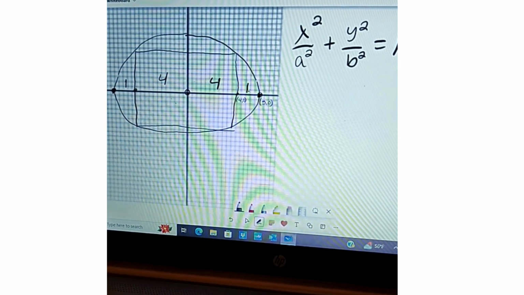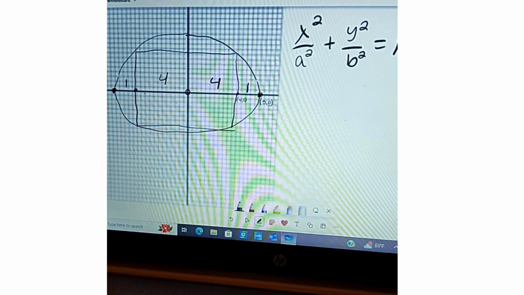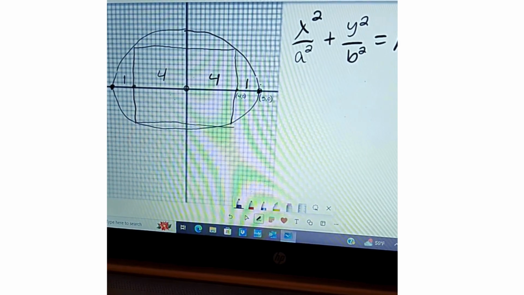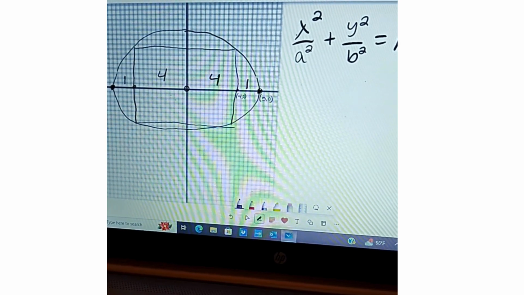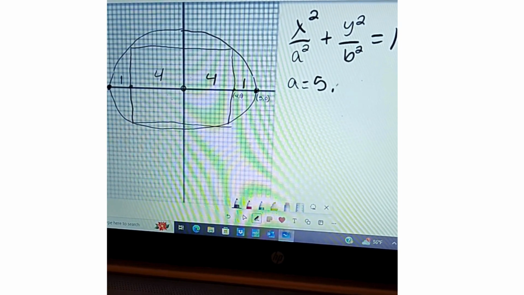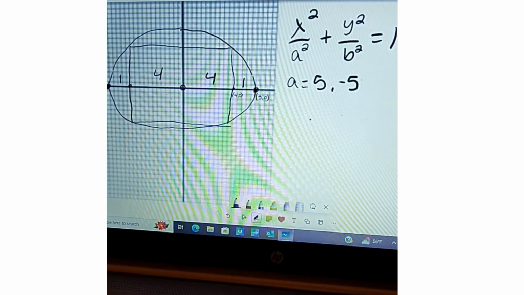So we're missing 2 units: 1 unit on one side and 1 unit on the other side, making half of the distance 5. So our a is going to be 5 and -5.